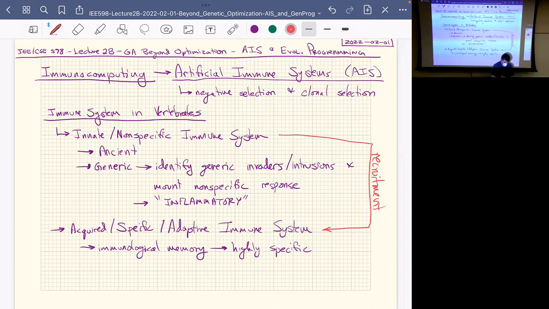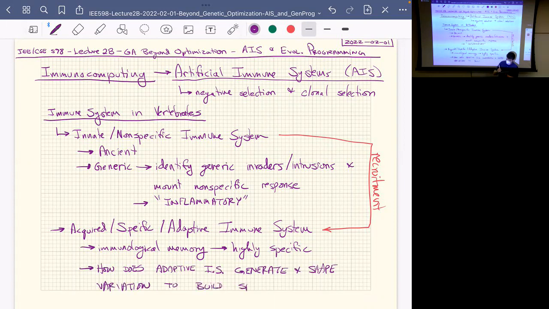So the big question here, I'll go back to my purple color, is how does the adaptive immune system generate and shape variation to build specific responses?